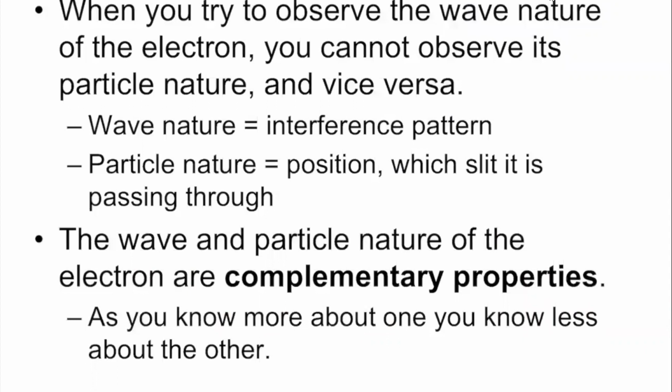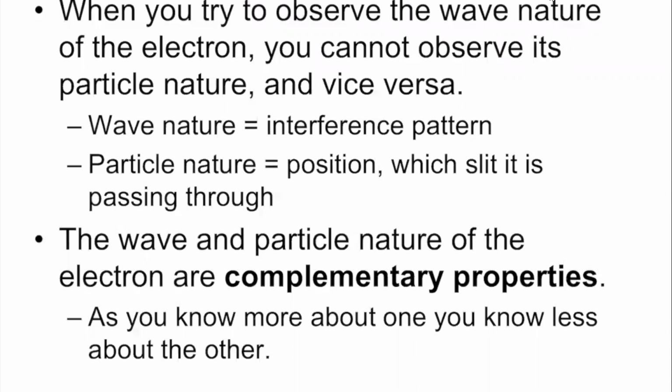The position of the electron, however, is related to its particle nature. So the more we know about the position of the electron, the less we know about the speed of the electron. I hope that makes sense.